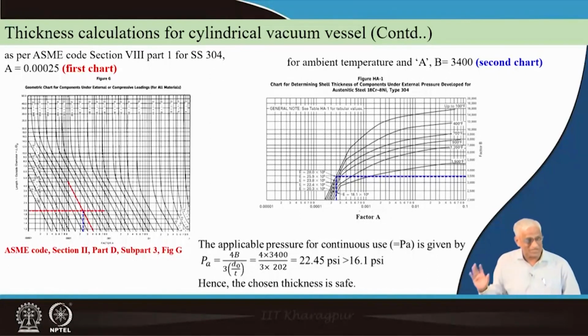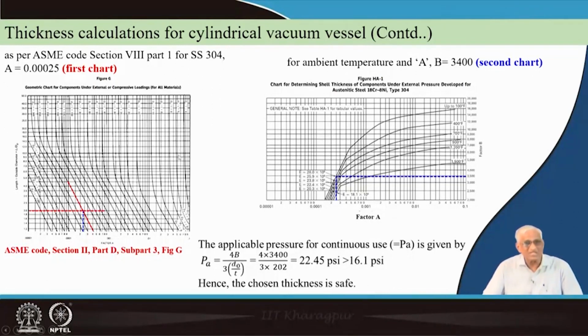We have to get a dimensionless factor A depending on our L by d naught on various d naught by t curves. That is all the first curve, and these are available in ASME code. It is also available in Wikipedia. You can take from there. This is purely geometry related chart.